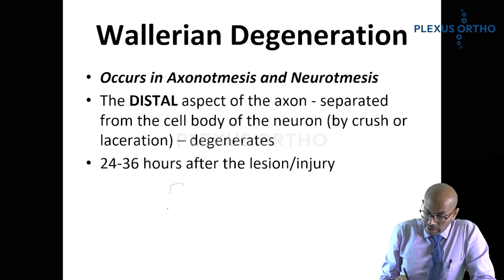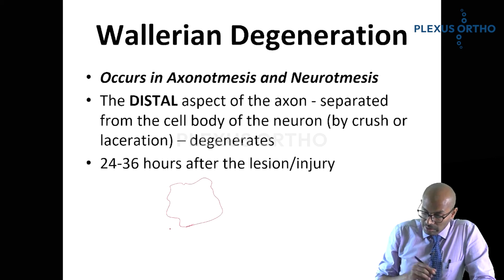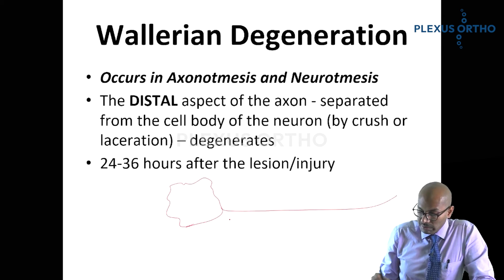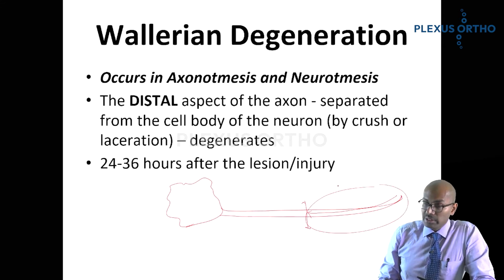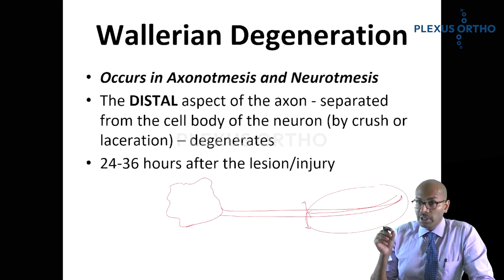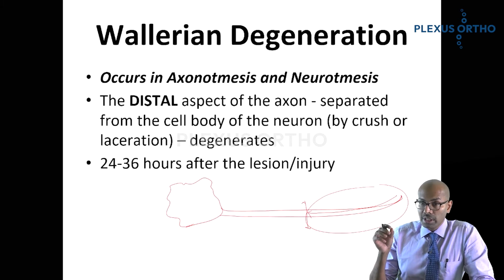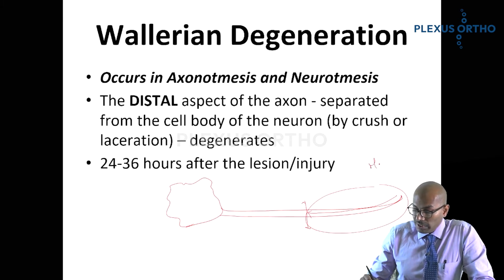So what basically happens in Wallerian degeneration? Let us say this is the nerve cell or cell body of the nerve, and then you have the axon, which is like this. If the nerve is cut here, then the portion distal to the injury is completely emptied of its contents, that is, the endoneurium is emptied of the axonal contents by macrophage-like cells.